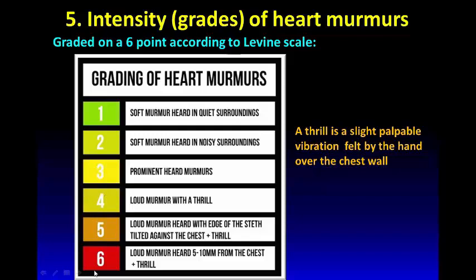Grade 6 over 6 murmurs have the highest intensity, so they are loud murmurs which can be heard even with the stethoscope 5 to 10 millimeters away from the chest wall, and obviously they are associated with thrill.